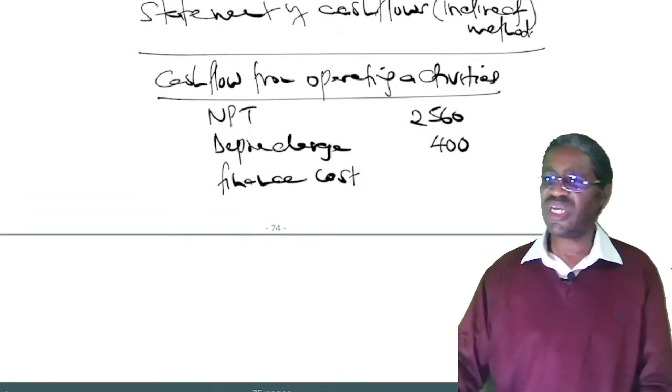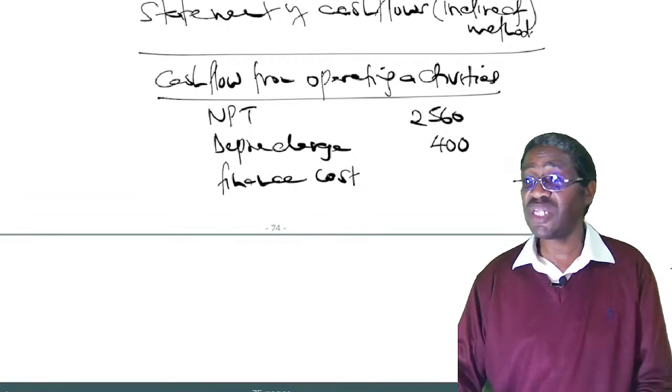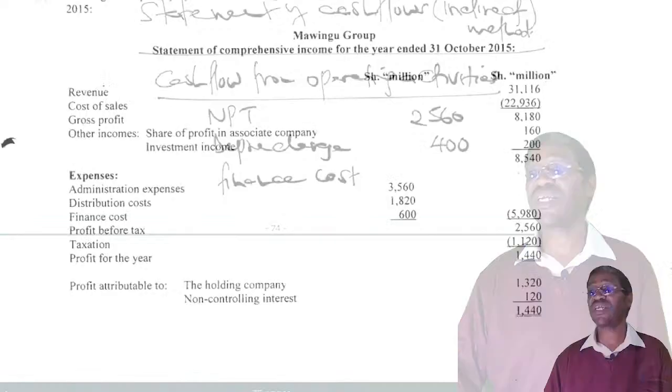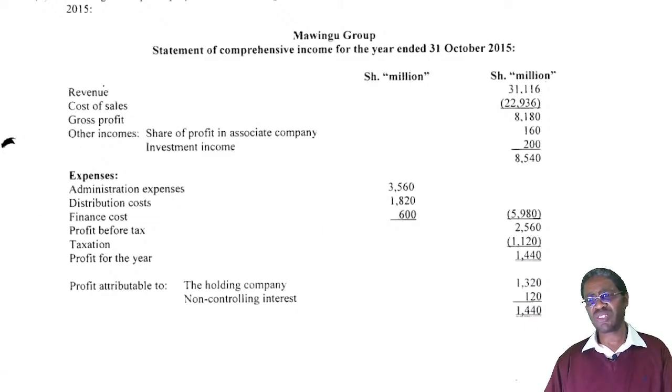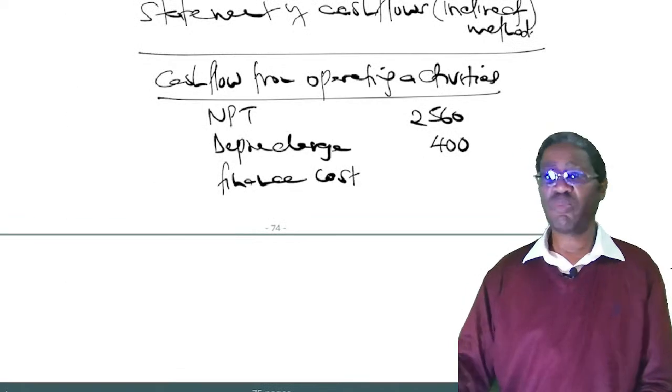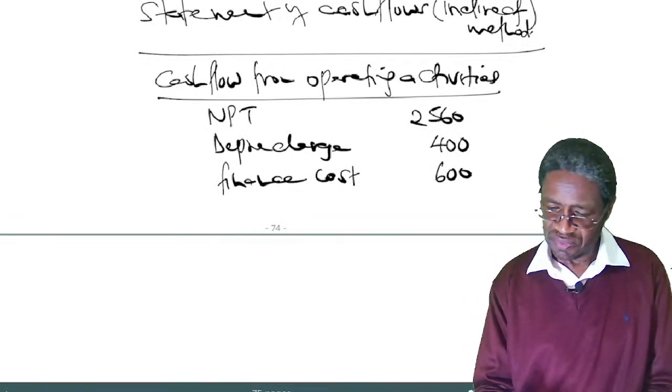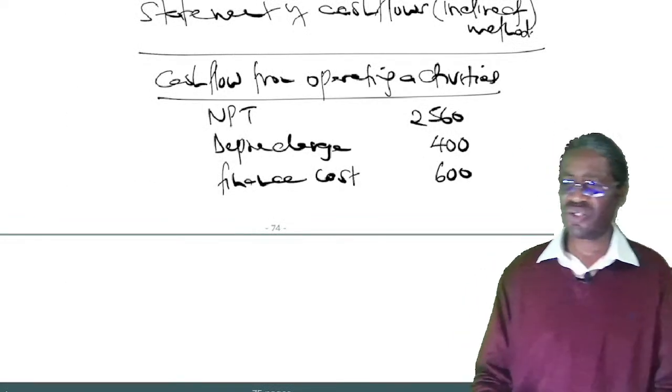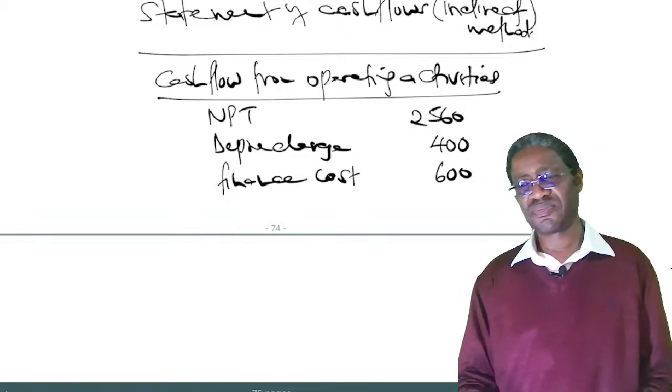So let's go to the income statement and pick the amount of the finance cost. If you look at this income statement, our finance cost is given as 600. We pick it. Good. That is the finance cost.